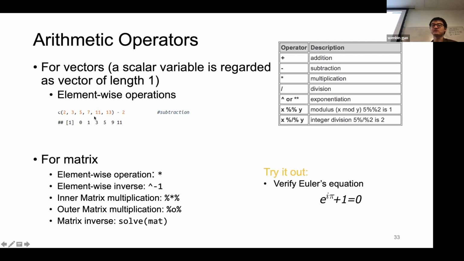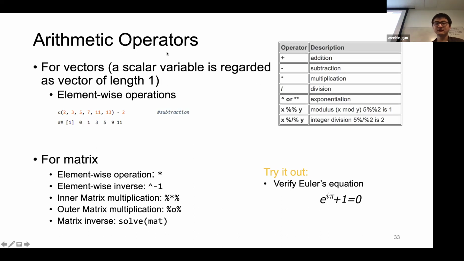What it will do is subtract the 2 from every element in the vector. So it's called element-wise operations. You can try with other operators like +2, +5, ×5, etc. Try to see the output. Basically what it does is element-wise operations.